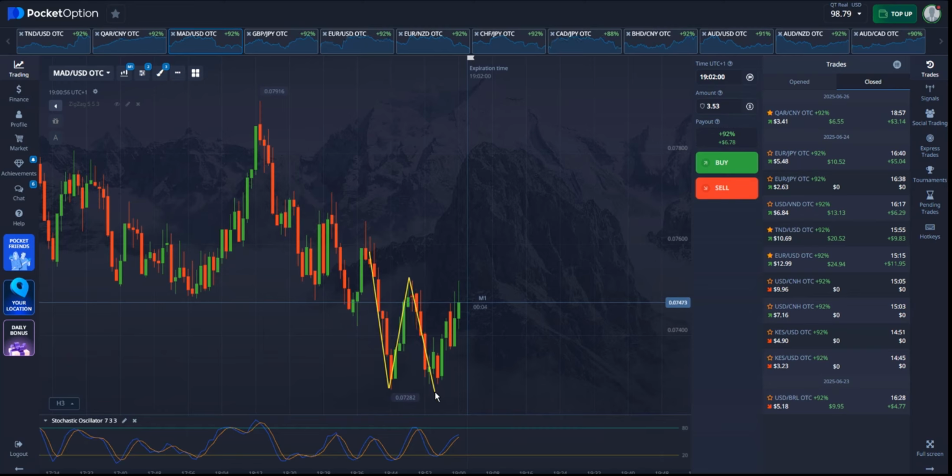At the same time, if you look at our stochastic, we have divergence. The stochastic created a higher low, while the price refused to create a lower low. So that means this trend might most likely turn to an uptrend. A possibility is possible, yes or no.